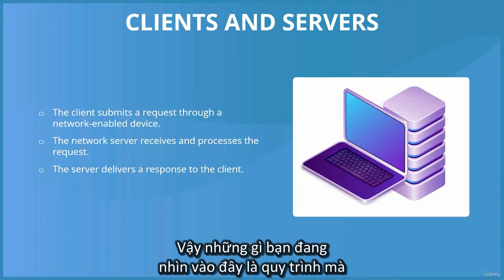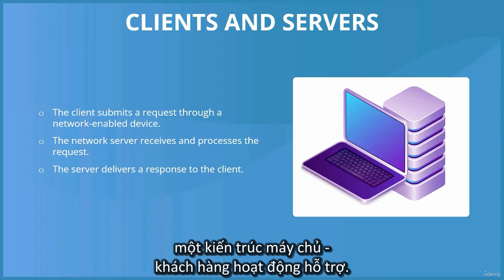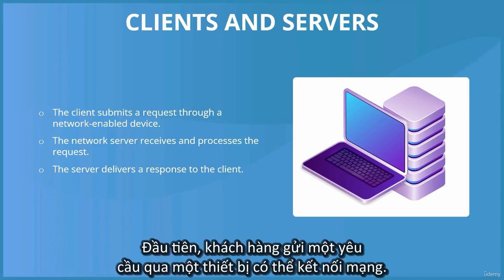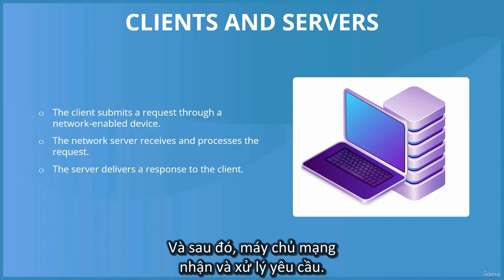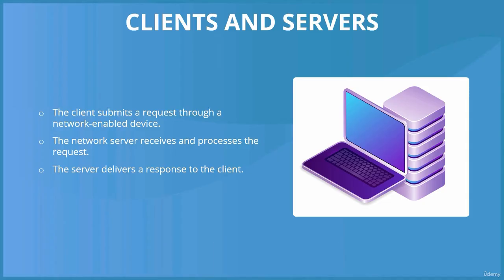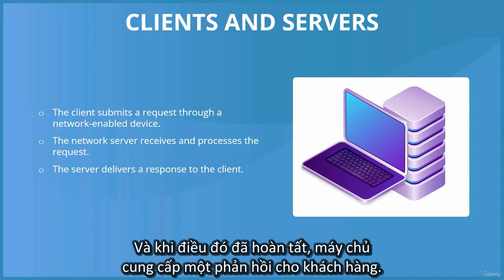All right, so what you're looking at here is the process that an operational client-server architecture facilitates. First, the client submits a request through a network-enabled device. And then the network server receives and processes the request. And once that's together, the server delivers a response to the client.